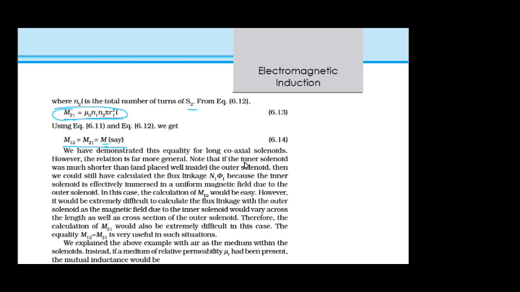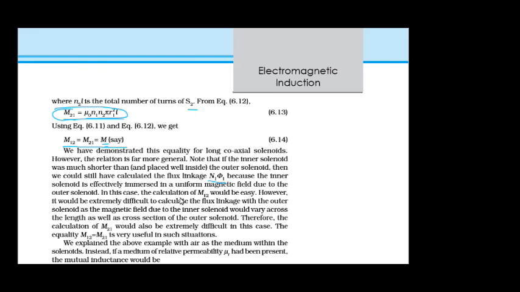Note that if the inner solenoid was much shorter and placed well inside the outer solenoid, then we could still have calculated the flux linkage as N1 Φ1, because the inner solenoid is effectively immersed in a uniform magnetic field due to the outer solenoid.